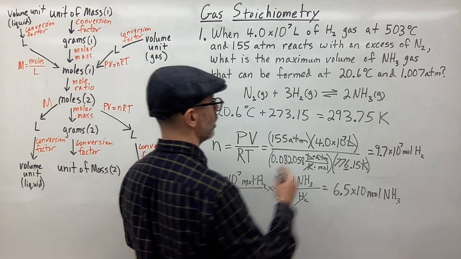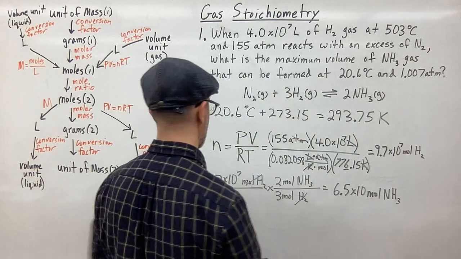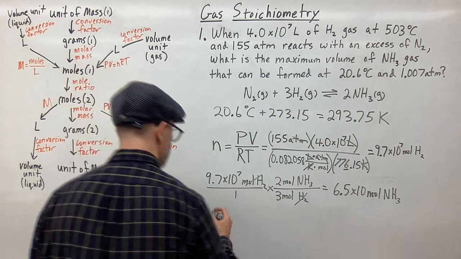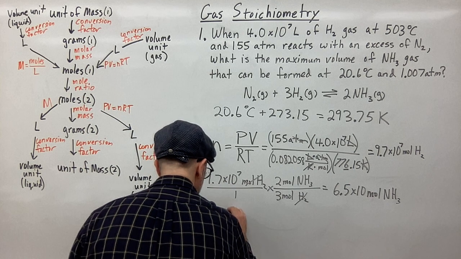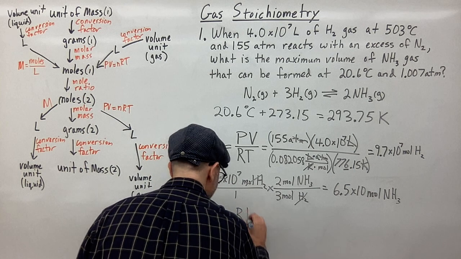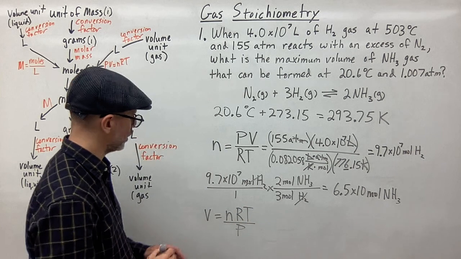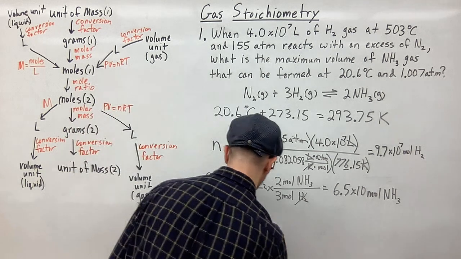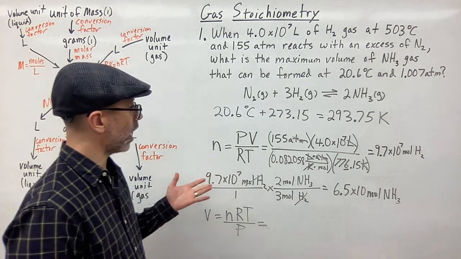So now we got our temperature, and then we got our atmospheres, our pressure. So now we want to solve for volume. So volume is going to be equal to nRT over P from the ideal gas law equation. And so now we're going to plug in our values.